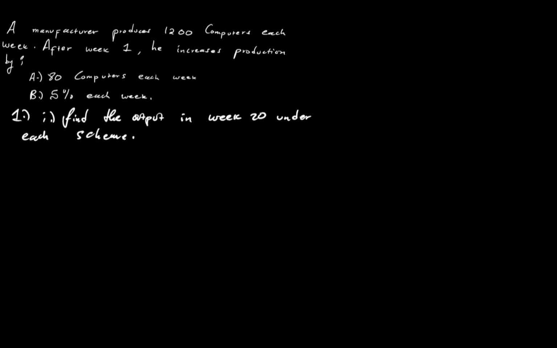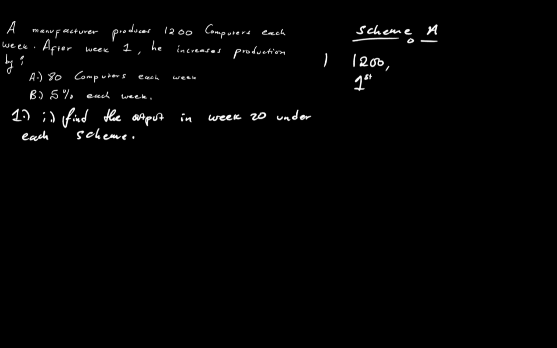All right, so let's look at the first scheme, which is condition number 1, scheme A. Under the first scheme, we need to understand what we have. The manufacturer produces 1,200 computers each week, which means in the first week, the person has to produce 1,200 computers.